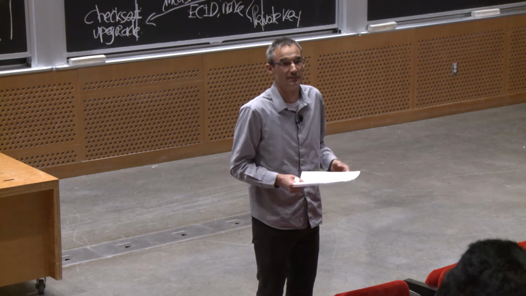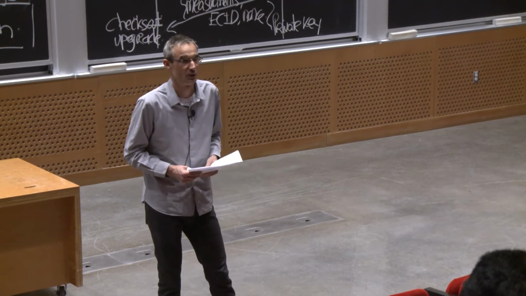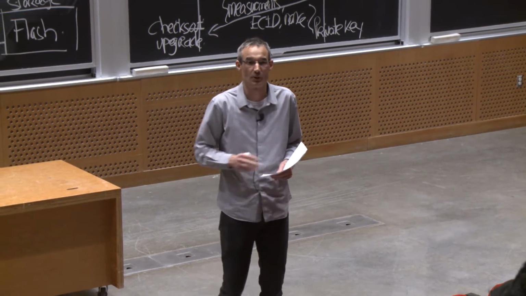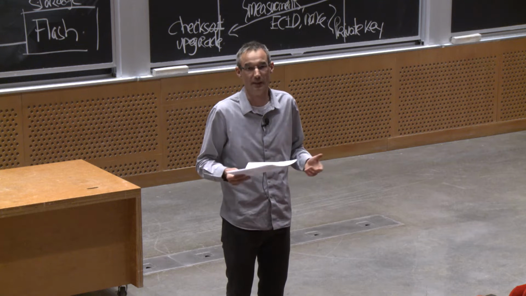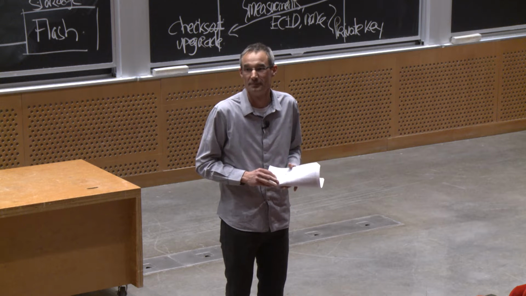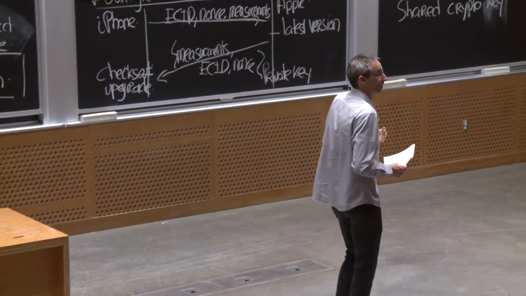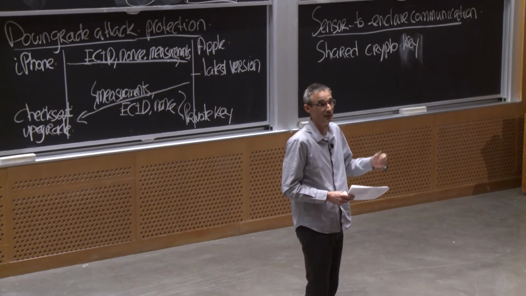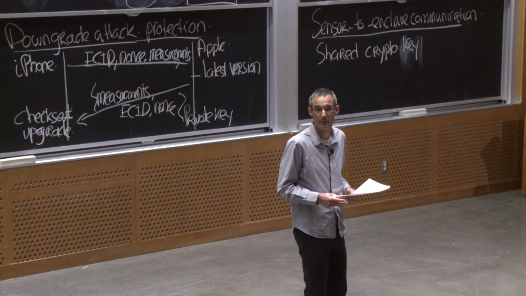It wipes your phone. The enclave processor erases the keys, as we'll see in a second, and it is not possible anymore to read any data from your phone. So the attacker has a very limited budget for guessing. Does that make sense?